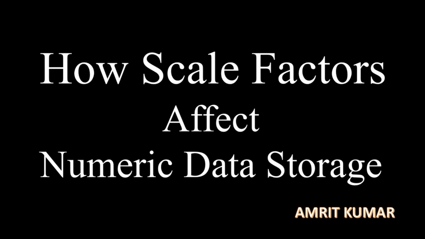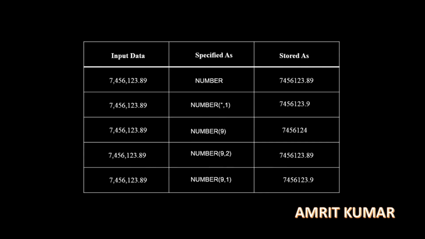Moving on to the scaling factor, that is how the scale factor affects numerical data storage. Here you are seeing some examples contained in the table, with input data, specified as, and stored as. If the user has input this number and has specified the data type as number only, then how is it going to be stored?